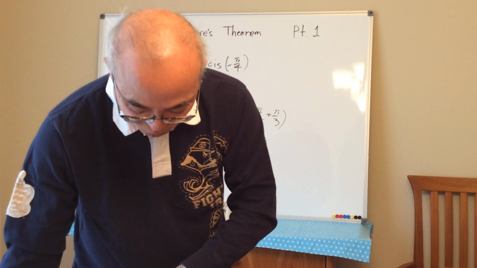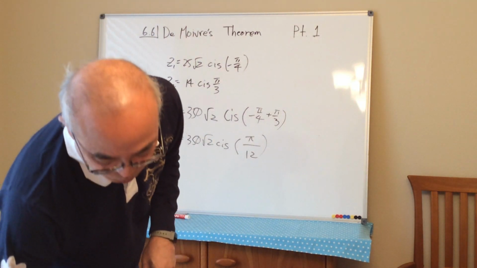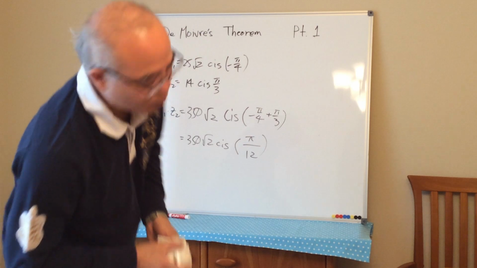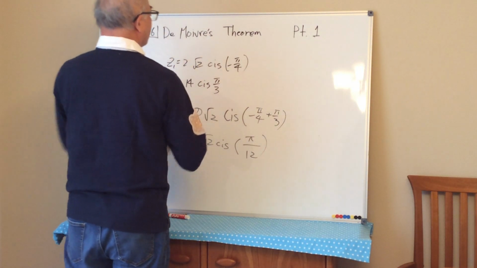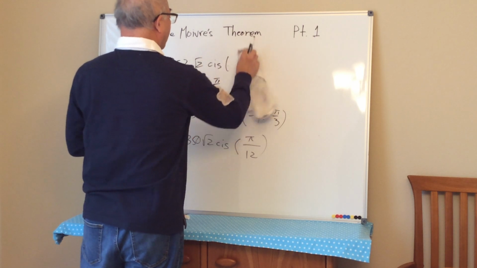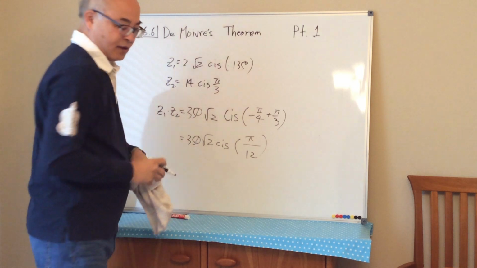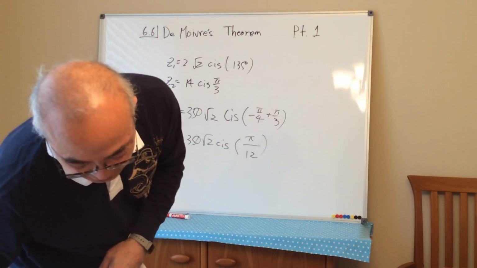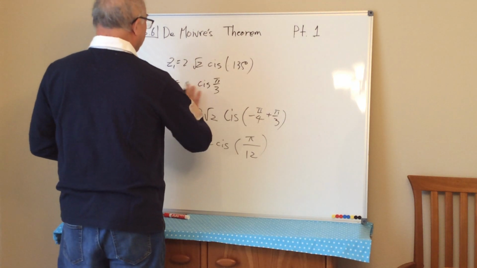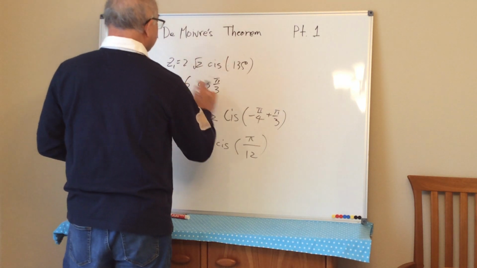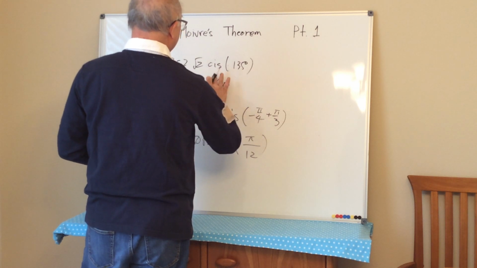Example number 4. In example number 4, we have Z1 is 2 root 2 CIS 135, and we have Z2 is 6 CIS 300.